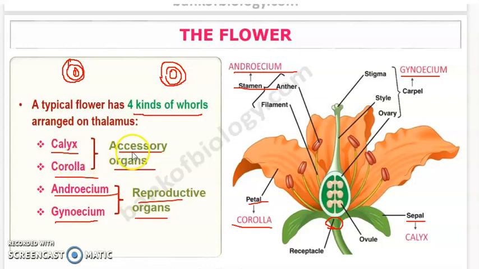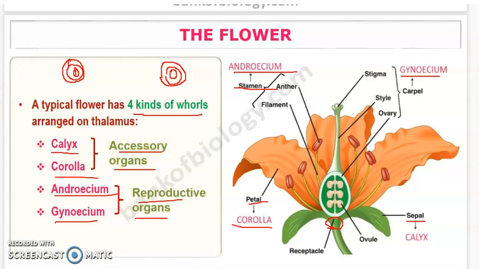It is because these organs protect the important organs. Which are the important organs of the flower? They are the male and the female reproductive parts. Only when these structures are present can they produce young ones. So they are protected with the help of the accessory organs. Other than protection, they also perform other functions.